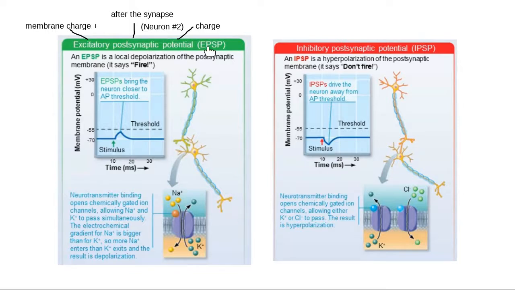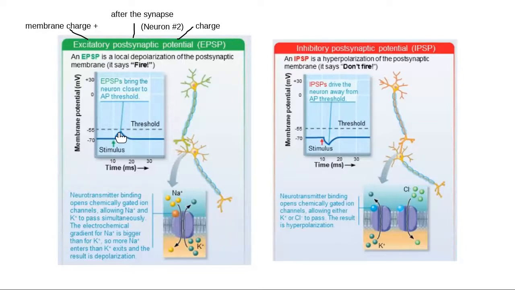An EPSP, this is how I think you should study it, because I'm never going to ask you to write for me what that stands for. An EPSP is a change in membrane charge that's positive. So I got a neurotransmitter right here. When it attached to a chemically gated sodium channel, my membrane charge went up.